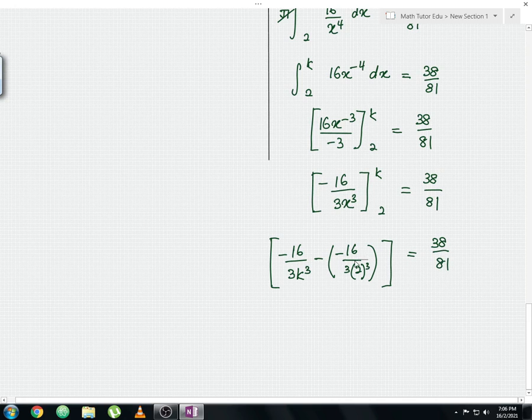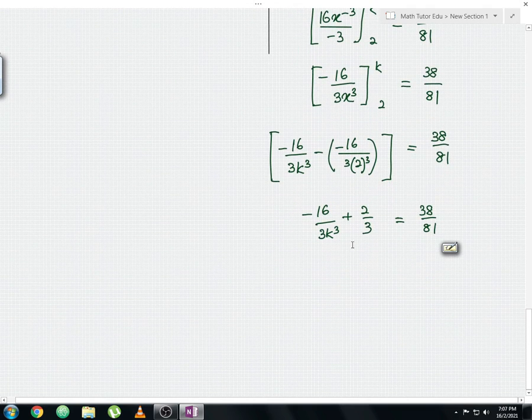Let me just draw the fraction over here. So you calculate this on your left-hand side, you should get the answer negative 16 over 3k cubed, plus 2 over 3, will be equal to 38 over 81.